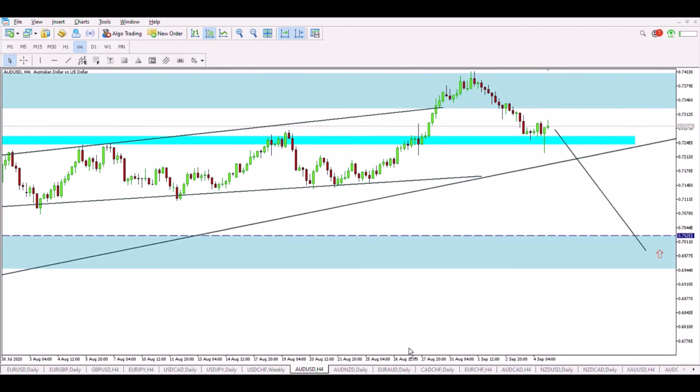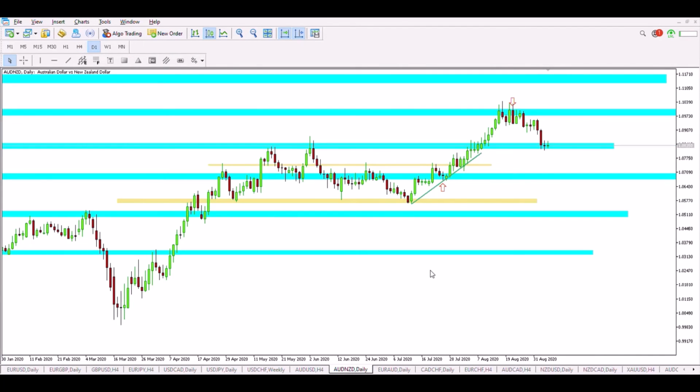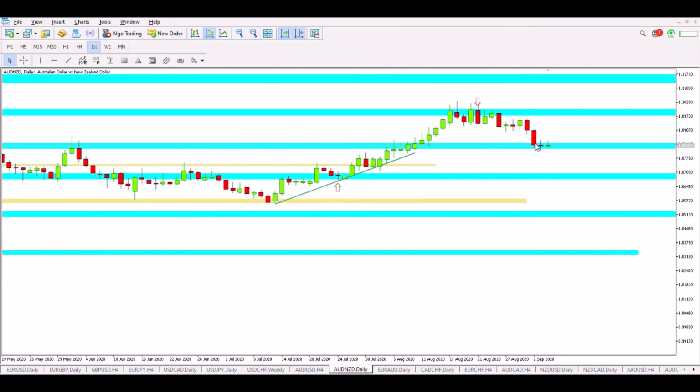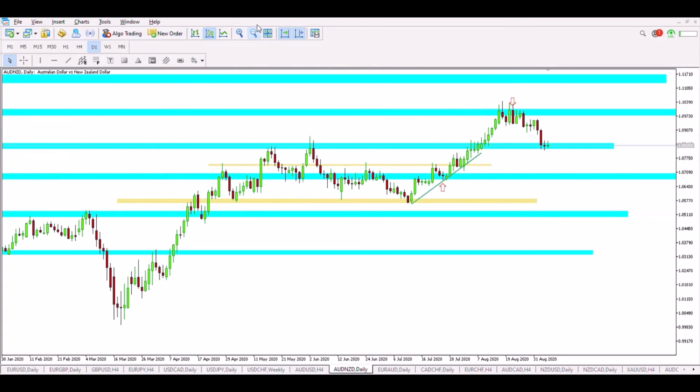The next pair is the AUD New Zealand dollar, and as you can see, the price retested this resistance zone and then went short to the current support zone, and from here what we can expect is a continuation of the bullish trend to this current resistance or the next one above right here.